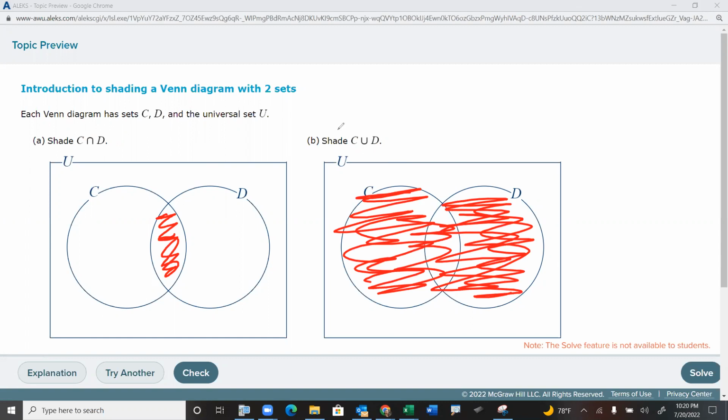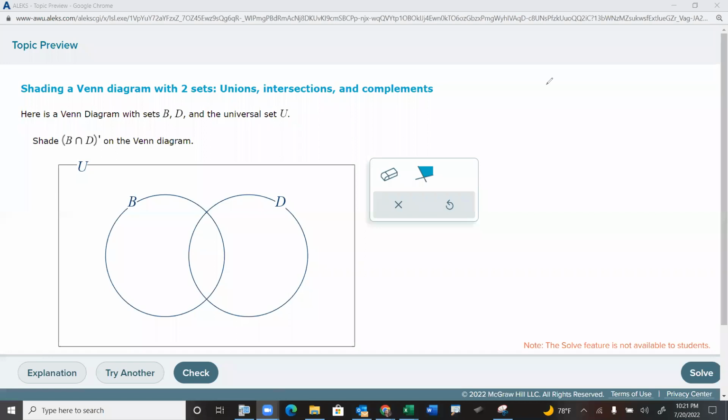Now we're going to do what we just did, but take it to the next level just a little bit. Just like regular algebra or arithmetic, you work inside the parentheses first. So B intersect D means this.